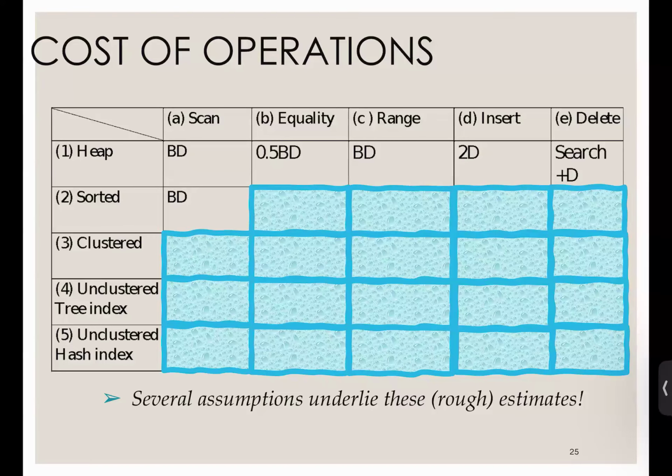Now for equality, that should be better compared with the heap file version, because it is in sorted order. Of course, when we want to look for things, it should be faster. To locate the record, how much time do I need if there is no index structure? I have sorted files, so I can use binary search.